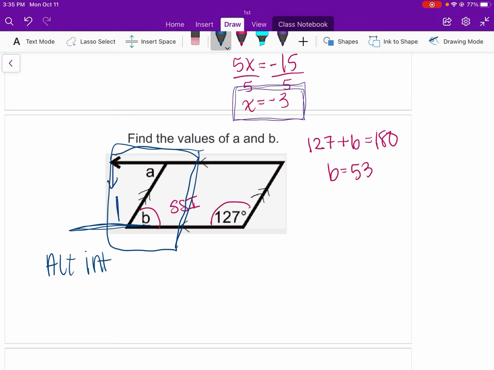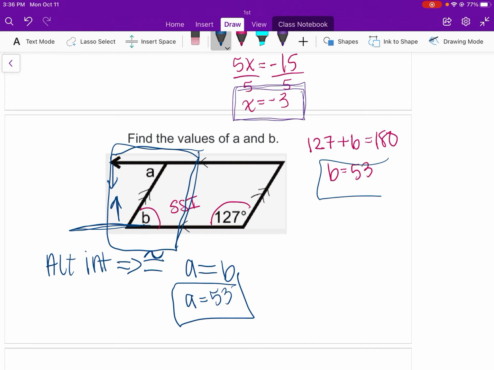They're in between here, so they're both on the inside and then they're on opposite sides. Well, we know alternate interior angles are congruent. So angle A equals B. So if B is 53, A also equals 53. So those are my two angles there.